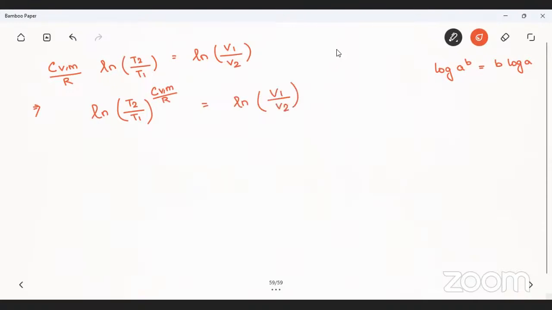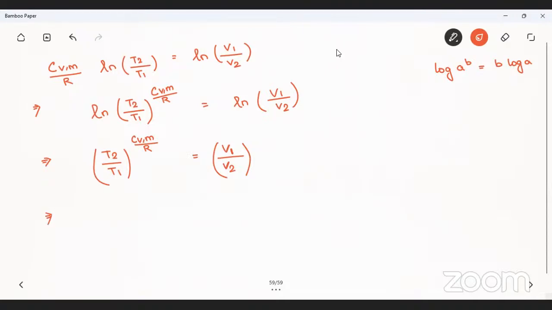Can we write like this? Yes, ma'am. From what is given, I have just written it in this form. Okay. Now this ln will disappear. So what we will get is T2 by T1 to the power CVM by R is equal to V1 by V2.